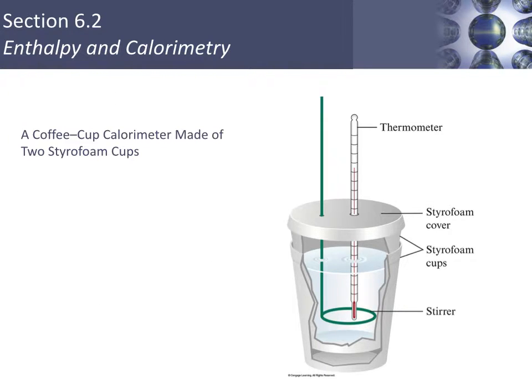Coffee cup calorimetry is a classic lab that is done to find the energy of a particular system. It uses a styrofoam cup, and the reactants begin at the same temperature, and you look for an overall change in temperature that is occurring. Then you can use a formula, which I will show you in a second, to figure out how much energy is released or absorbed.